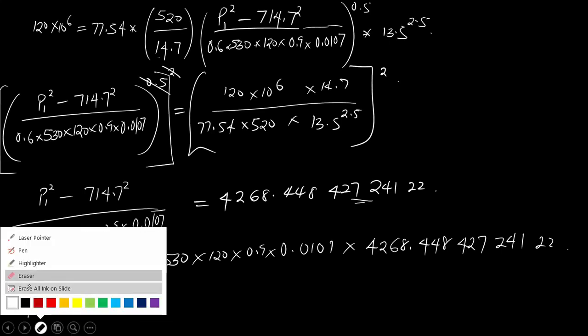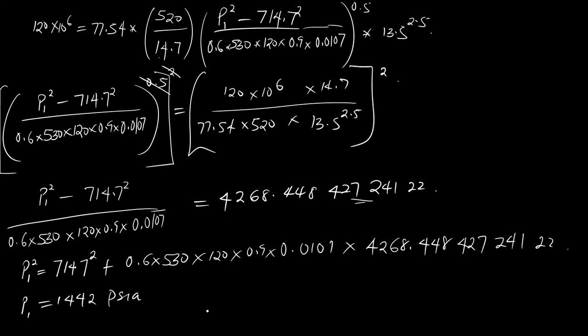Now we can convert it to psig by minusing, so say 1442 minus 14.7. So we change it to psig to be 1427.3 psig.